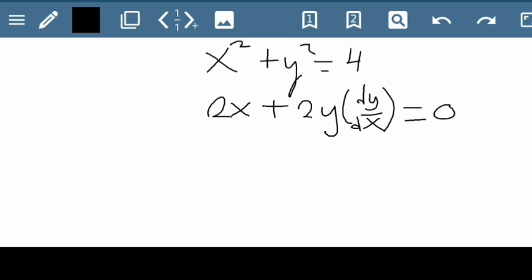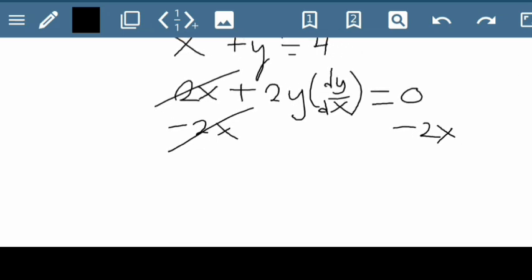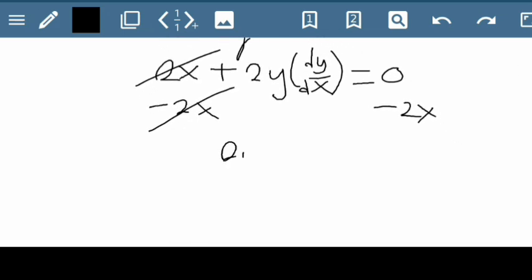So we are finding dy/dx, which means here we can subtract 2x from both sides. I'm just collecting the like terms. I want to make dy/dx the subject of the formula. So these are going to cancel each other, and here we are going to remain with 2y dy/dx. Then here we just have negative 2x.